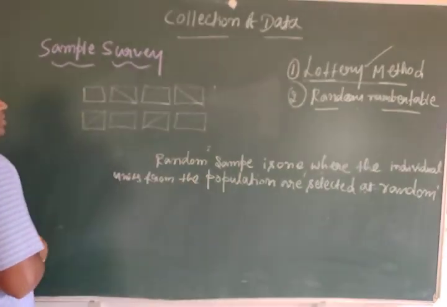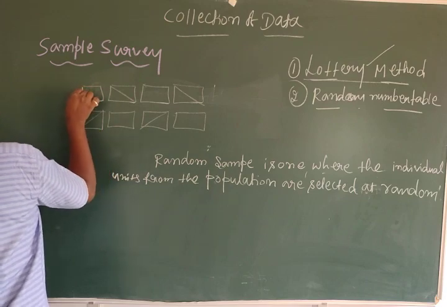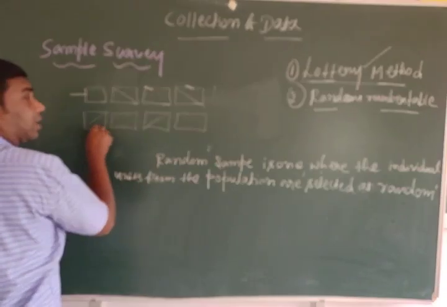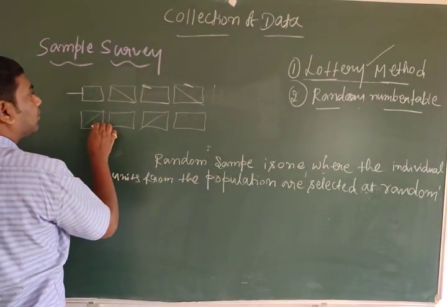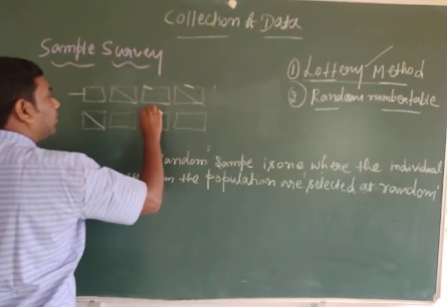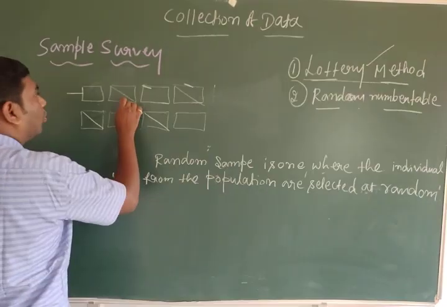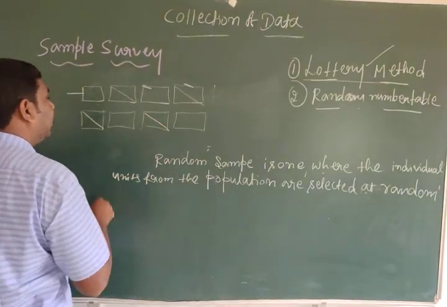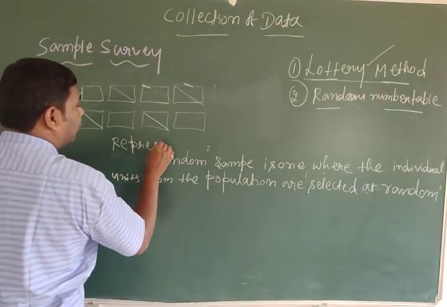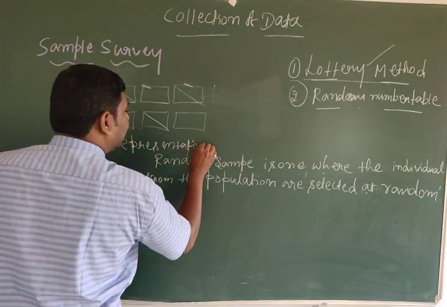Okay, you can observe here, like this is a plane, this is something, this is plane, this is something. Here 1, 2, 3, 4, same. 1, 2, 3, 4, same. Here, this is called a representative sample.